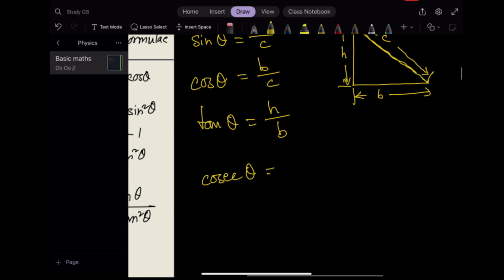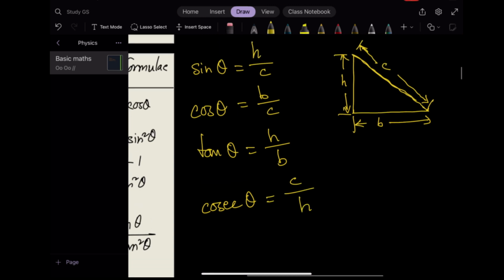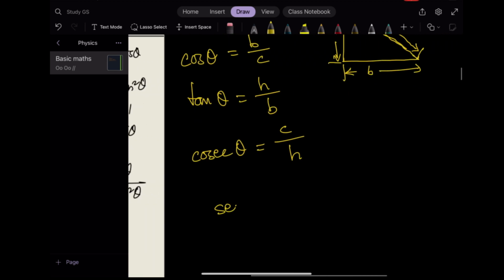Cosec theta will be c by h, sec theta will be c by b, and cot theta will be b by h.